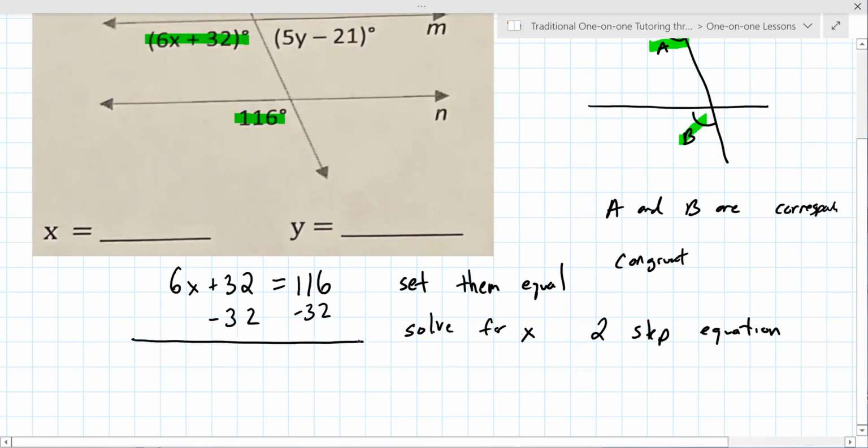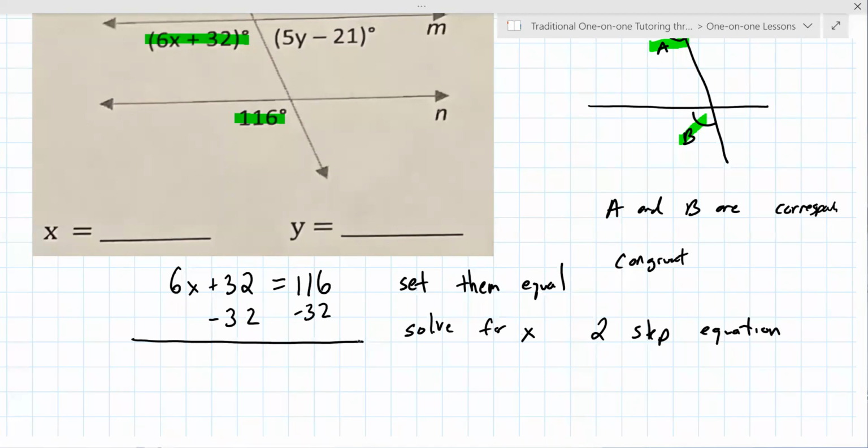Should I write it down? Yeah, you should be writing all of this down. So 116 minus 32, right?